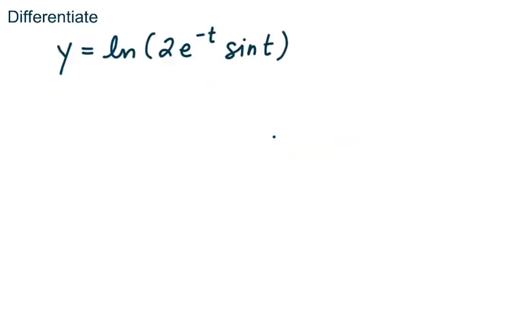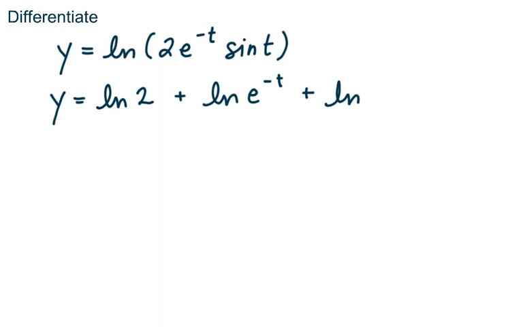In this example, we're going to differentiate the natural log of 2 times e to the negative t times sine of t. And for this example, I'm going to jump straight into my algebra rules for dealing with natural logs. So I can rewrite my function as the natural log of 2 plus the natural log of e to the negative t plus the natural log of sine of t.